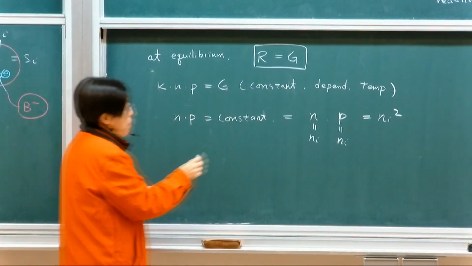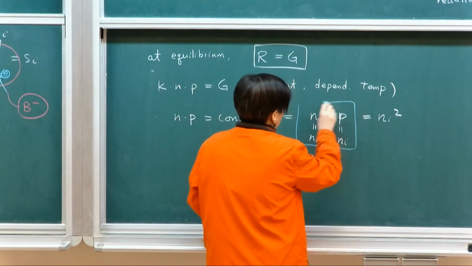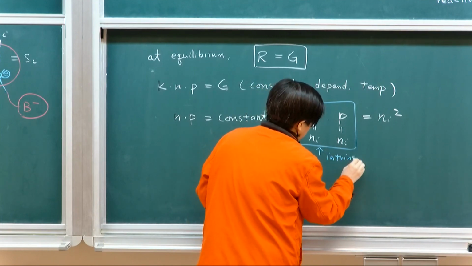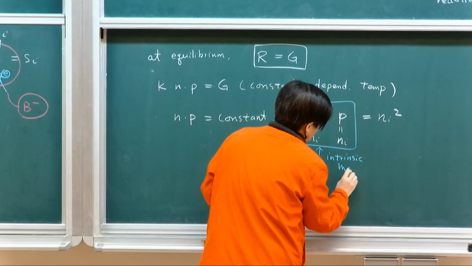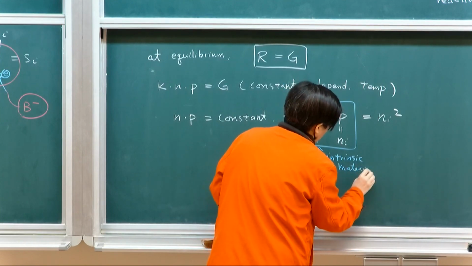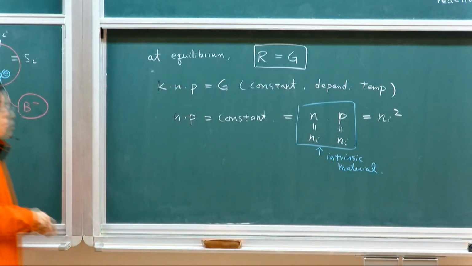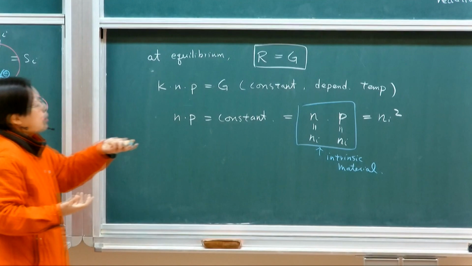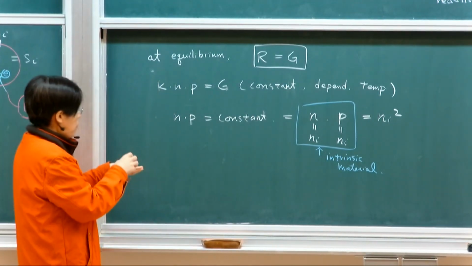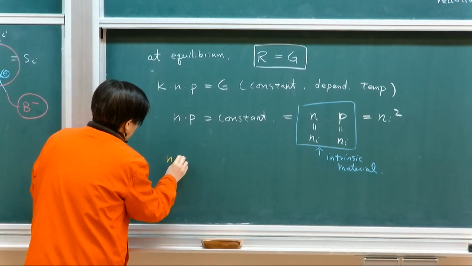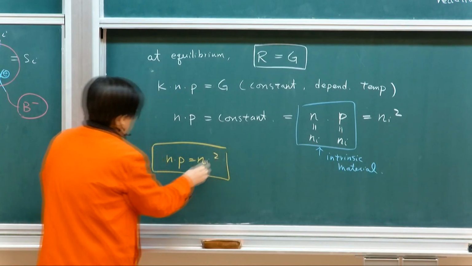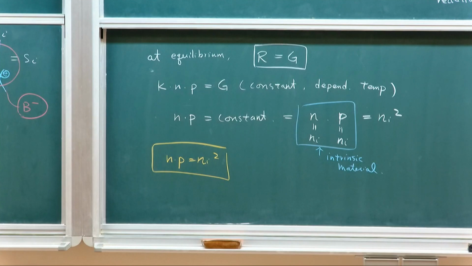We use the intrinsic material as the benchmark because you want to find a calibrated point. Therefore, you finally get the mass action law. I hope this helps you understand why we get this law.